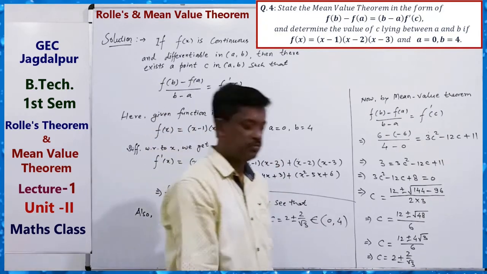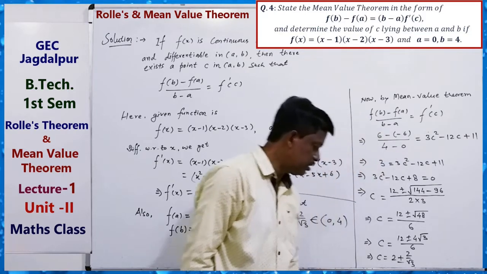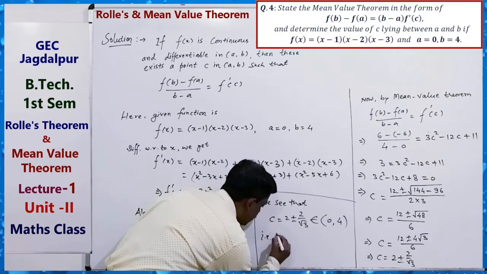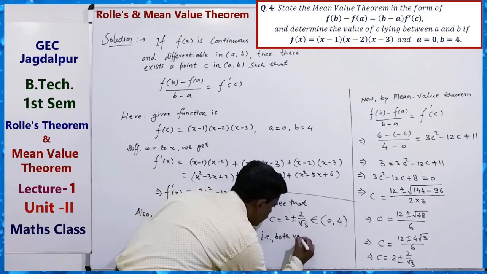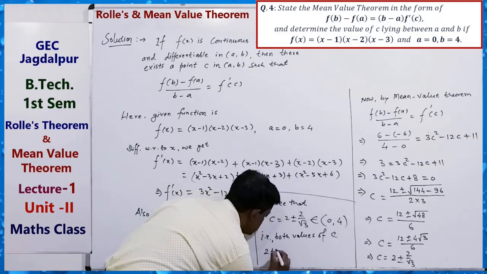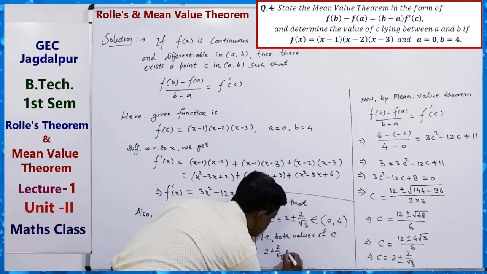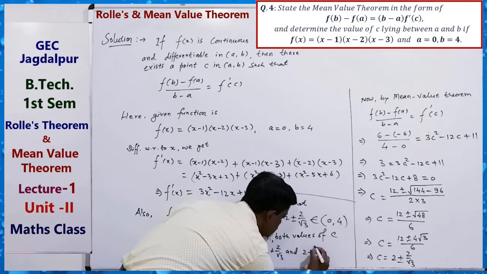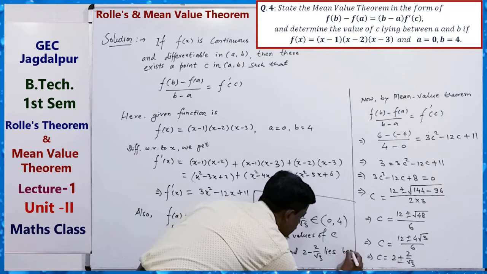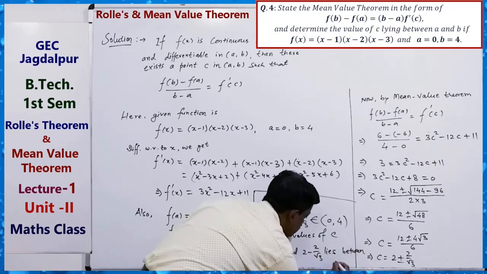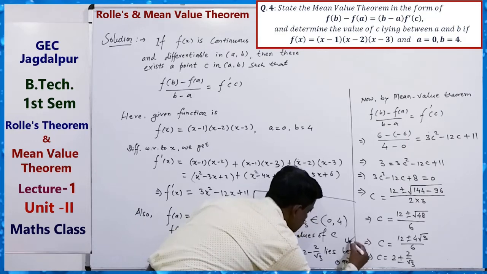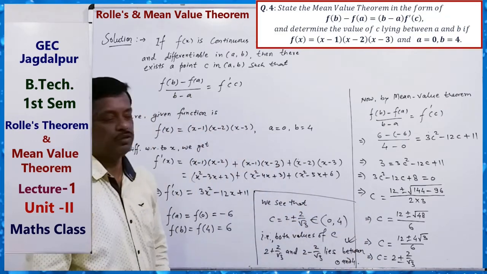Okay, both values. 2 plus 2 by root 3 and 2 minus 2 by root 3 lie between 0 and 4. So this is our answer, the value of C.